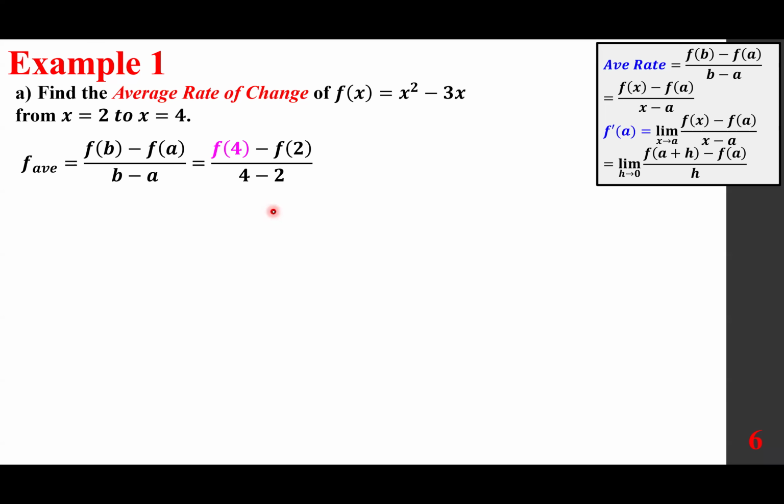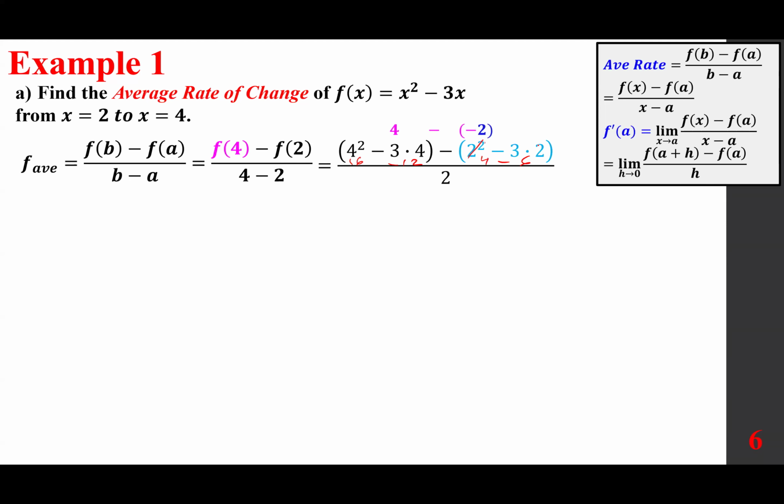So what do we do? We plug in. We plug in 4 here. We get 4 squared minus 3 times 4. Then we plug in 2 here, minus 2 squared minus 3 times 2. And the denominator, of course, 4 minus 2 is 2. So we have 16 minus 12, which is 4. 4 minus 6, which is negative 2.